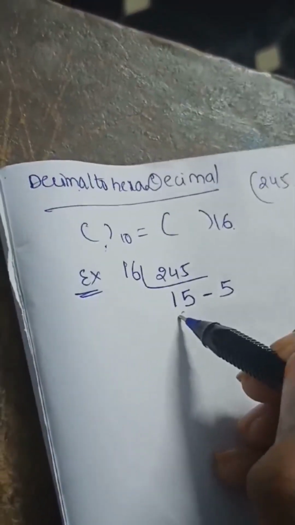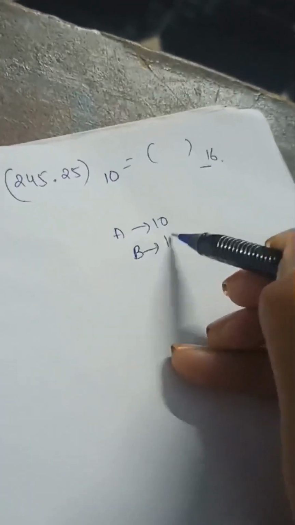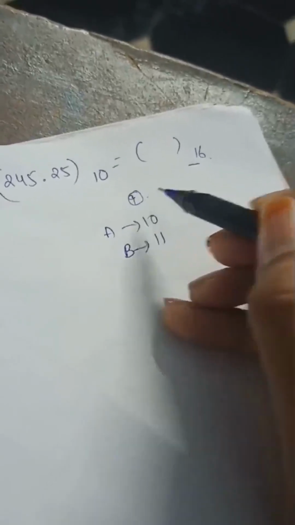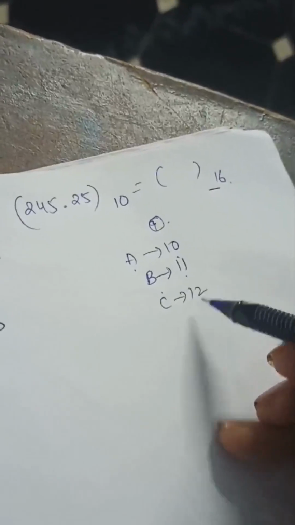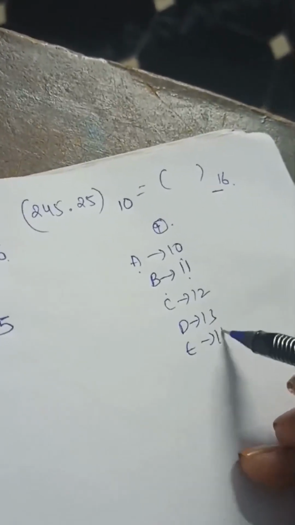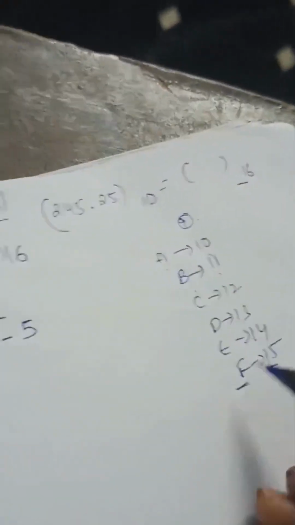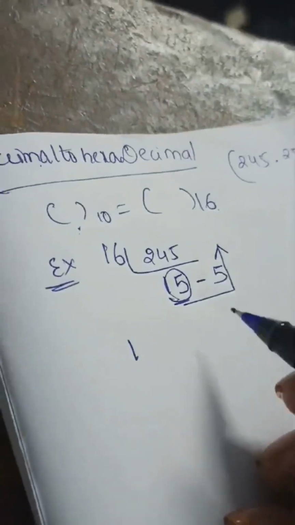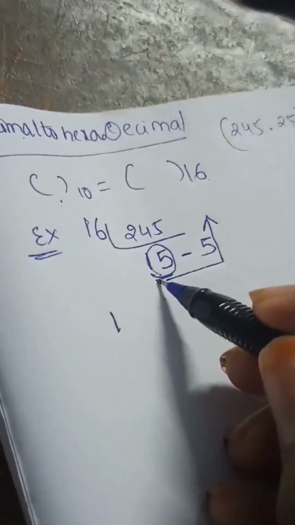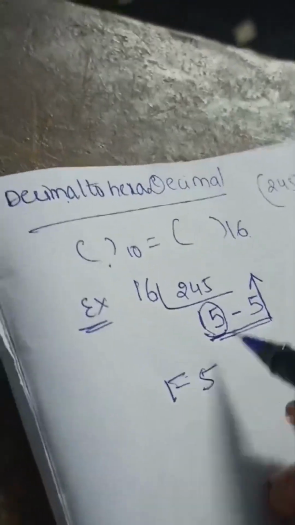As I already said, up to 9 only decimal digits are obtained. From there, A is 10, B is 11, C is 12, D is 13, E is 14, F is 15. So here we got 15 as F. We will take the bottom up approach. 15 is F, so F5.